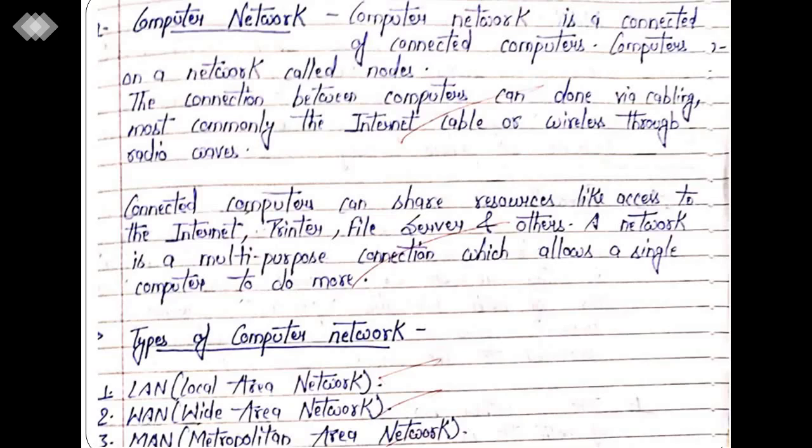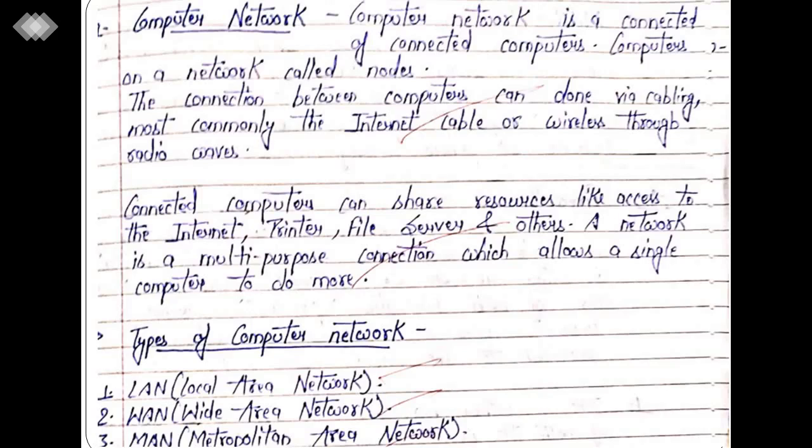Now next in this question, the question is asking the types of computer network. The different types of computer network are LAN, WAN, MAN. There are different types of computer network, but related to your syllabus, only three types are in your syllabus. So you will mention only three types of computer network in the answer, and they are LAN, WAN, MAN.